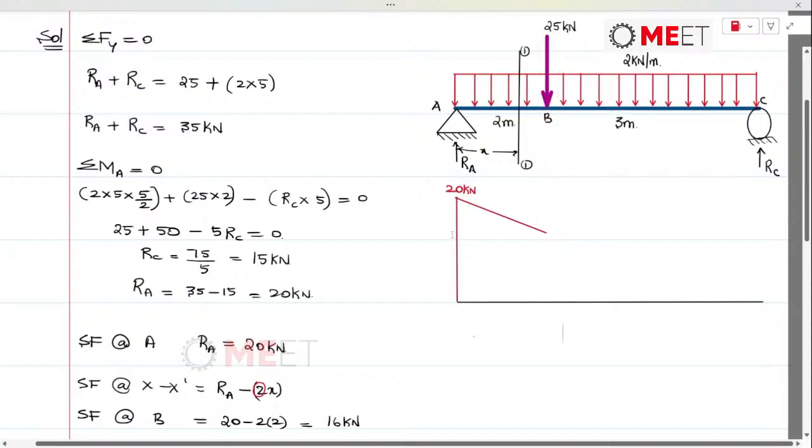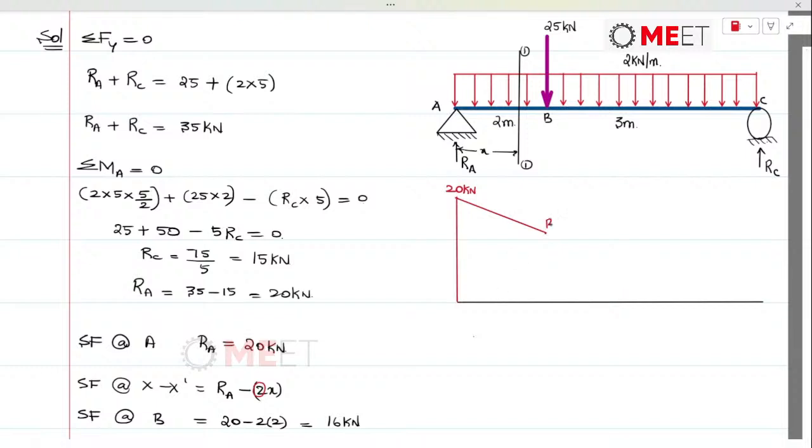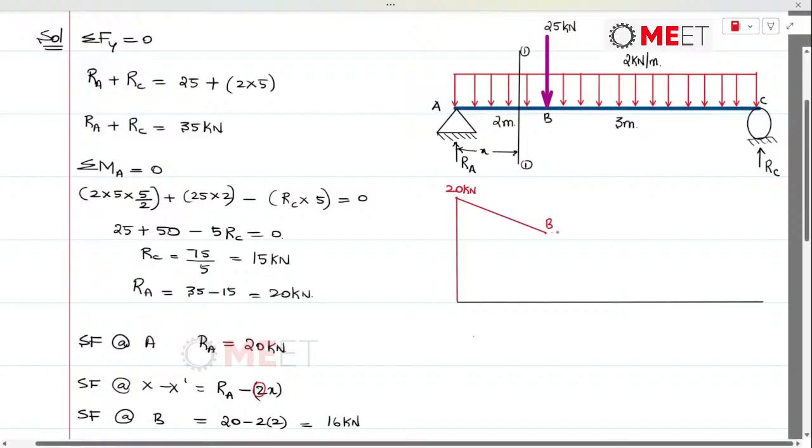So this would be point B, and it decreases to 16 kilonewtons.